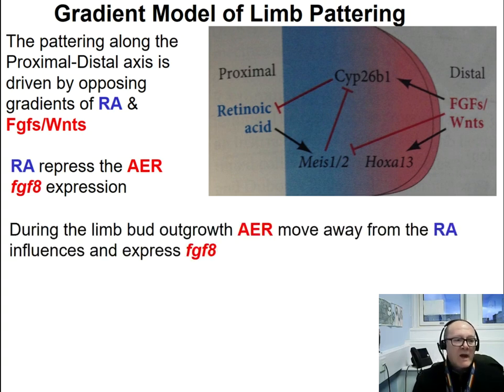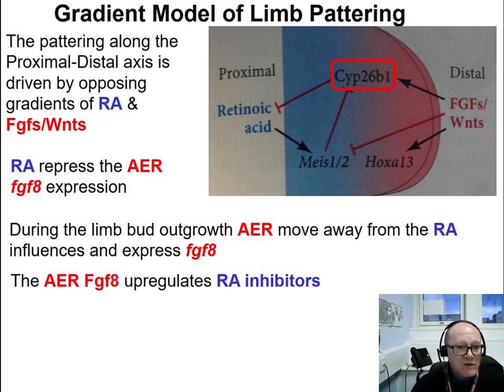However, when the limb starts to grow, and therefore the ectodermal ridge is moved farther apart from the proximal part of the limb, it is far away enough so that retinoic acid is not strong enough to repress the expression of FGF8, and the expression of FGF8 also induces the expression in the mesenchyme of inhibitors of retinoic acid.